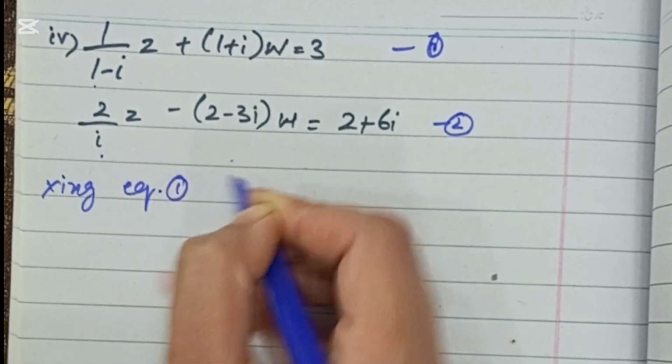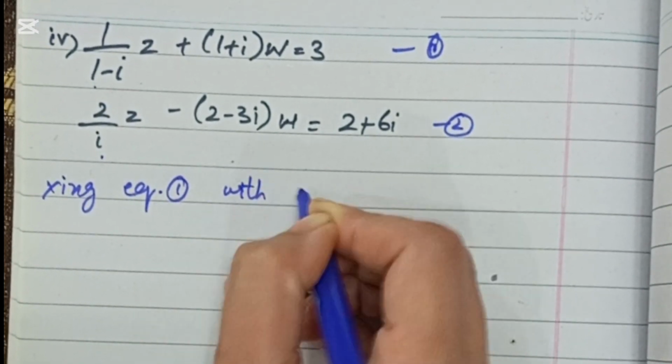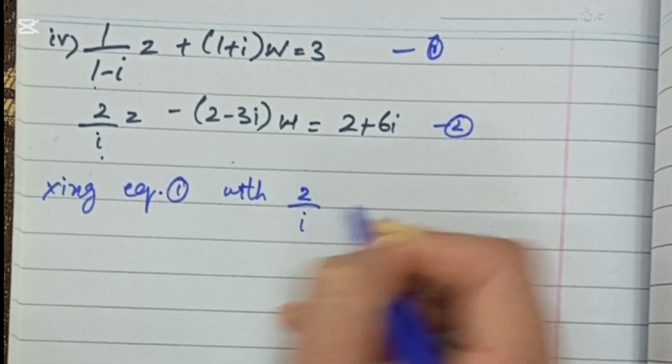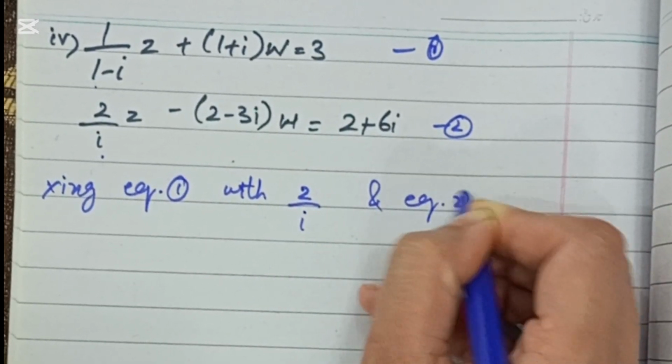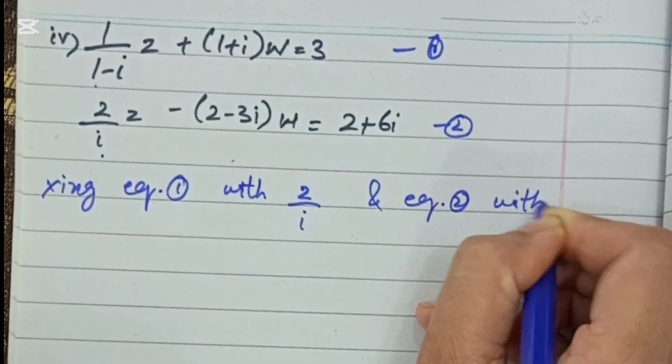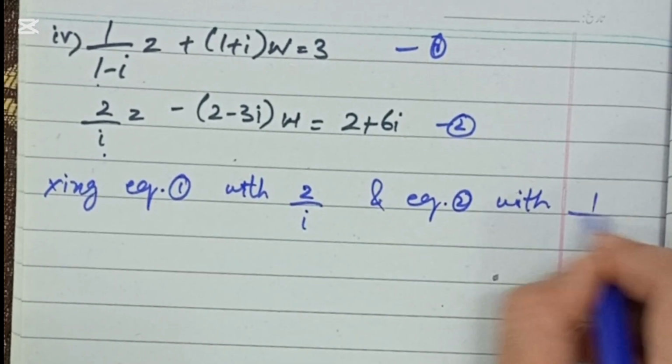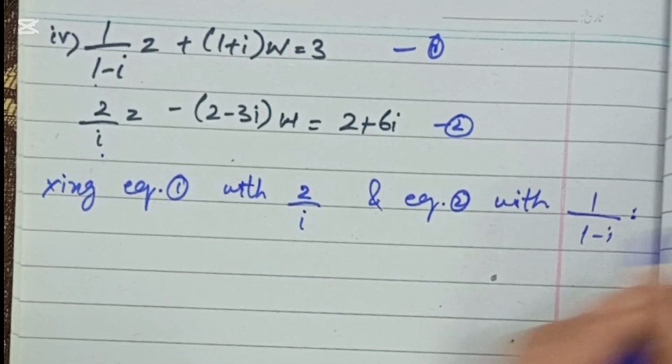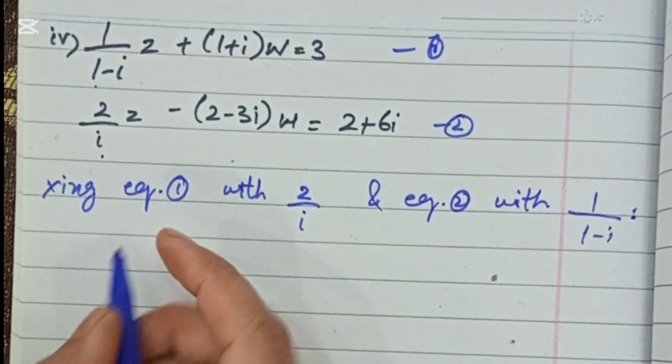Multiplying equation 1 with 2 by iota and equation 2 with 1 by 1 minus iota. So let's see what happens then.